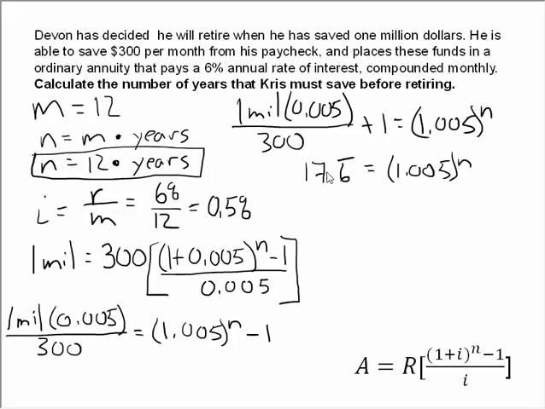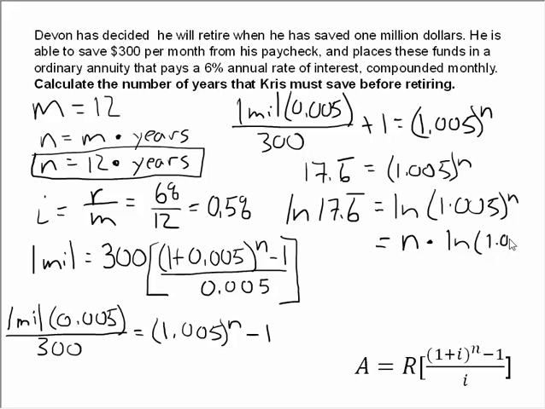Now I'm going to use one of the properties of logarithms that states if we take the natural log of both sides of this equation, natural log of 17.6, natural log of 1.005 raised to the n, when we do that, this exponent n can come down in front and be multiplied by the natural log of 1.005. n times the natural log of 1.005.